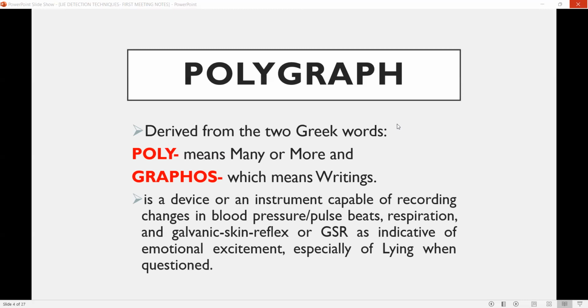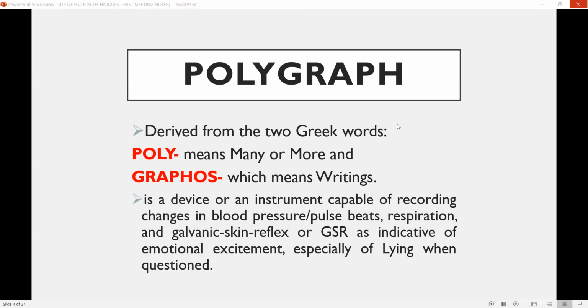Okay? And also, another advantage of a computerized polygraph is that it allows the examiner, the polygraph examiner, otherwise known as the polygraphist or the forensic psychophysiologist, to concentrate on the exam. So you focus on the examination itself, to question the subject, questions that are answerable by yes or no, instead of observing the subject's movement.